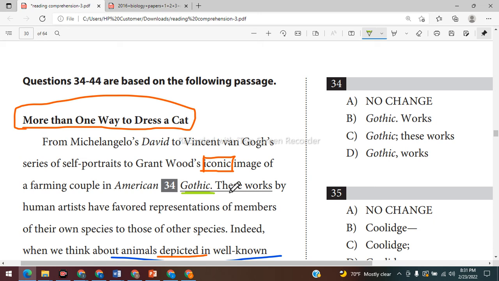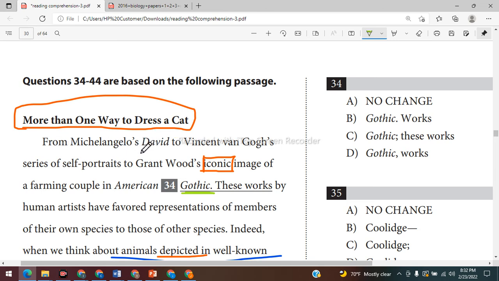I think it's D. Why do you say D? I also think it's D. Does the sentence continue? How does it continue? I don't see anything relatable in here. It says from Michelangelo's David.